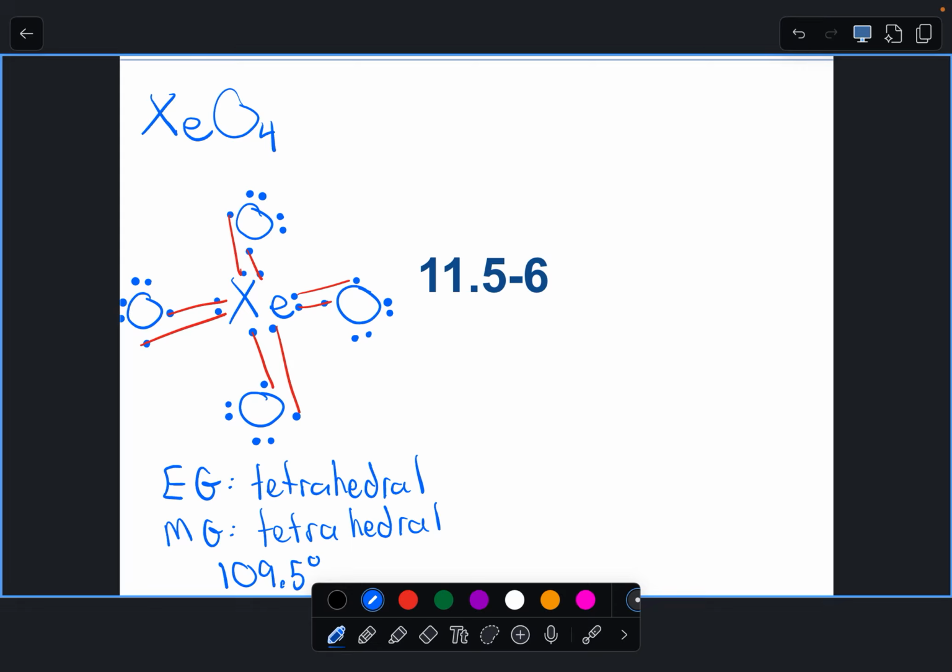You have to do this because oxygen's octet couldn't be satisfied otherwise. But you end up with xenon having 16 electrons around it. That is probably one of the highest that we see. So tetrahedral for both electron geometry and molecular geometry, at 109.5.